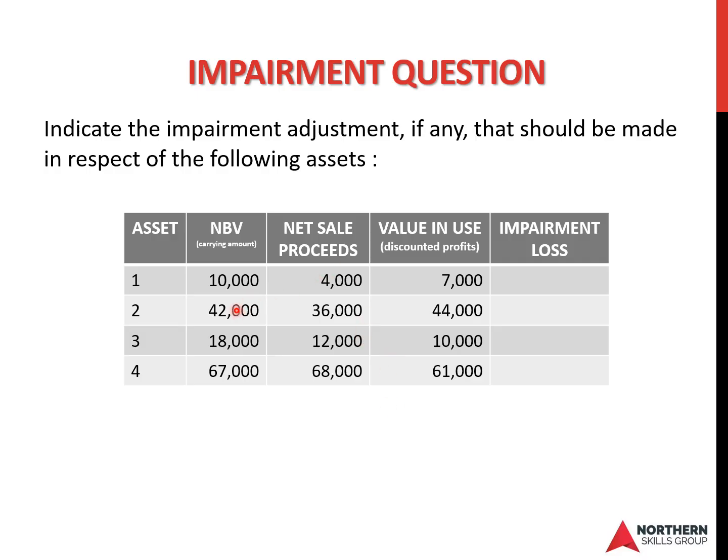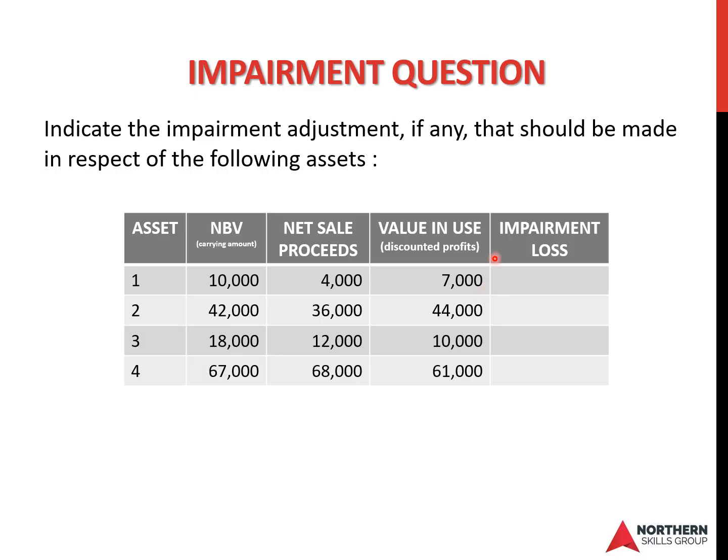So the important thing is to look at the carrying amount and look at these two figures. If one of them is the same or more than this figure, we can forget about the asset because it's not overvalued. But in the case of asset number 1, we're carrying it at £10,000, but that's more than the maximum future benefit we're likely to receive from the asset.